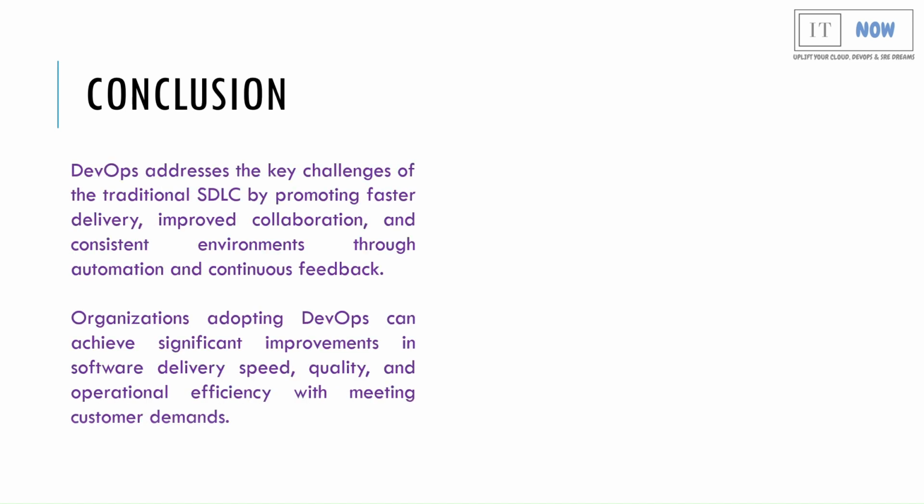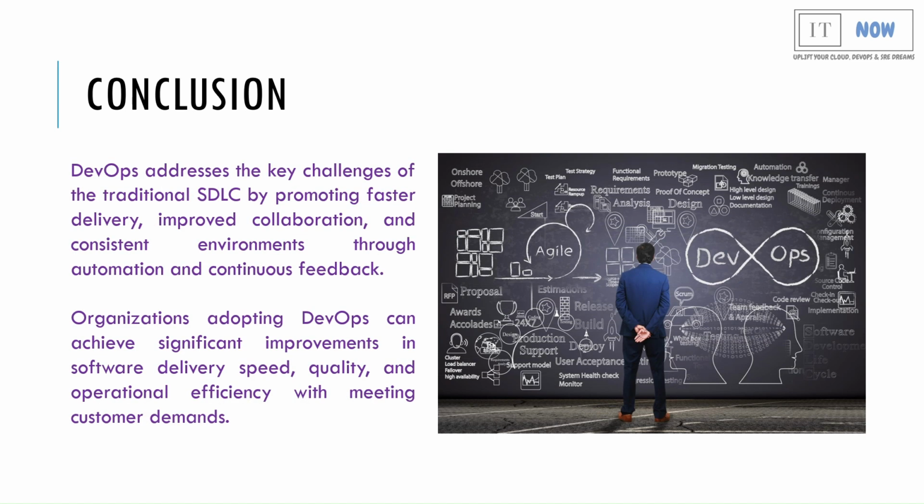In conclusion, DevOps addresses the key challenges of the traditional software development lifecycle by promoting faster delivery, improved collaboration, and consistent environments through automation and continuous feedback. Organizations adopting DevOps can achieve significant improvements in software delivery speed, quality, and operational efficiency.